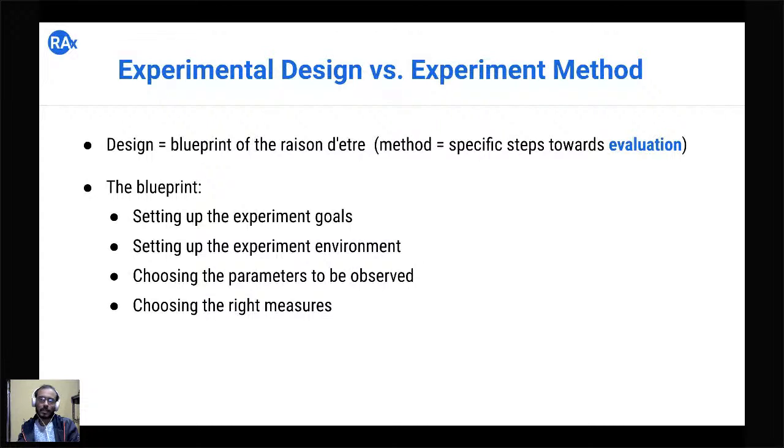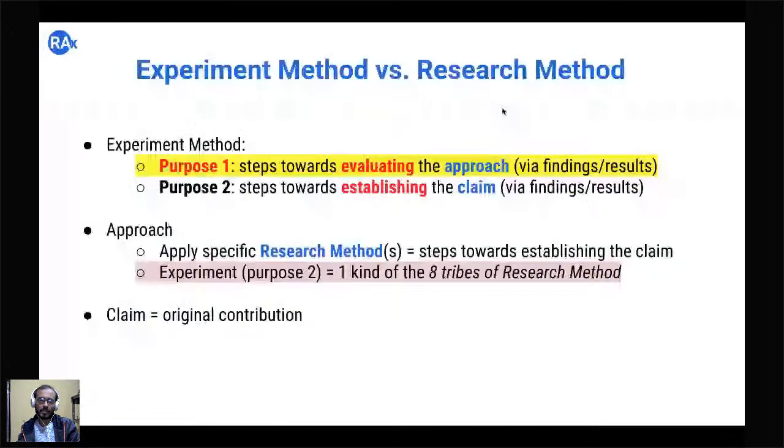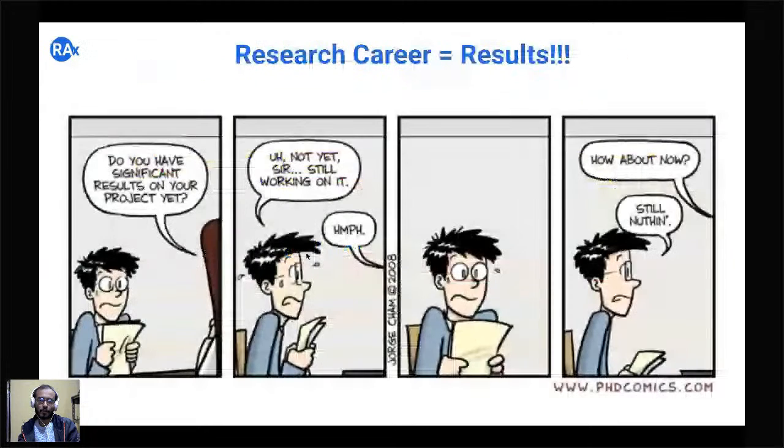And I want to tell you something, so far we were discussing experiment methods, right? We started out with what is an experiment method versus what is a research method, and what is the difference, and how the other kind of experiment is part of this. Then we moved on to the overall picture.